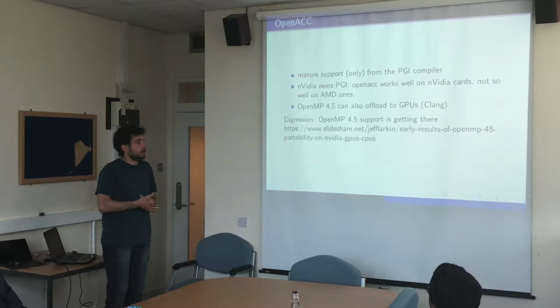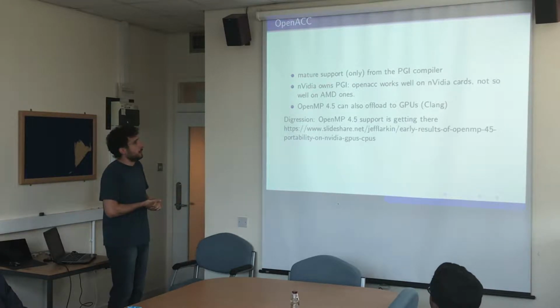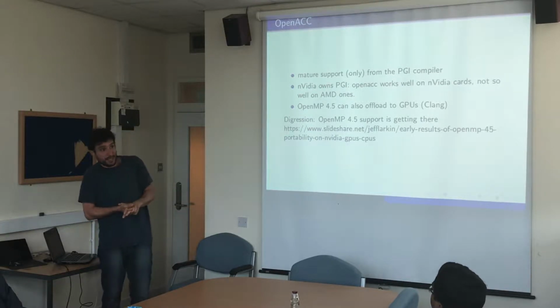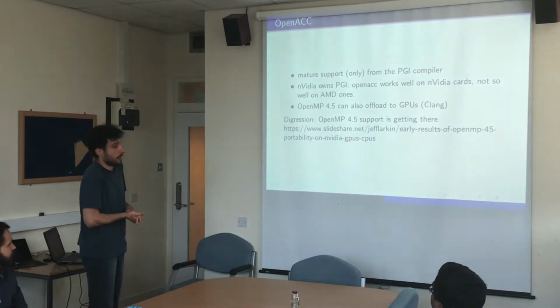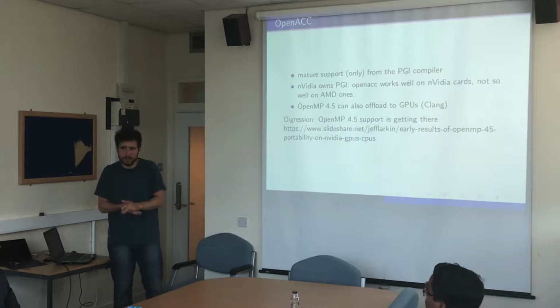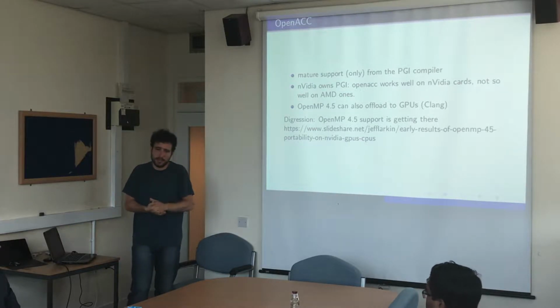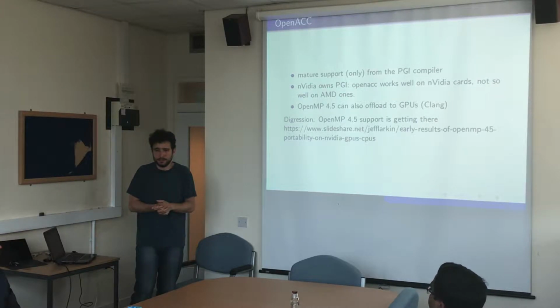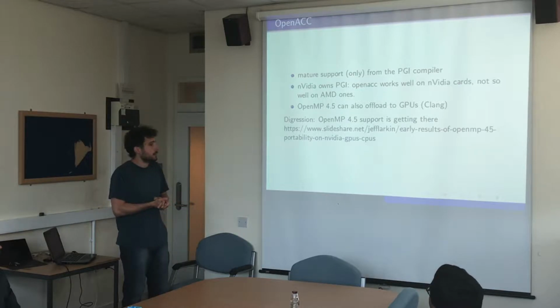So the problem with this, where I'm going with this, is that basically it's supported basically only by the PGI compiler. Actually, there are other attempts. For example, GCC has also a branch that supports OpenACC, but I think the performance you get from that is not so great.